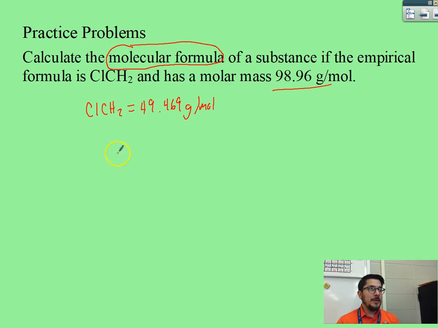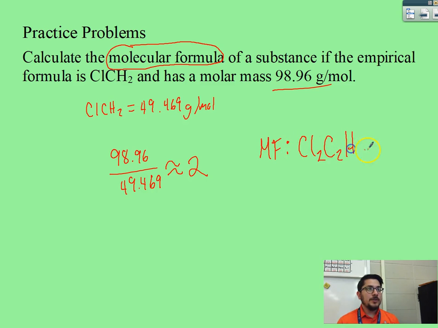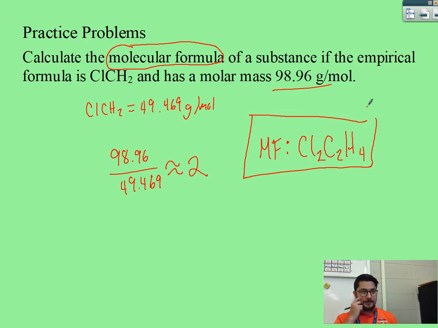Here's the big molar mass, so I'm going to put 98.96 divided by 49.469. That equals about 2. So the molecular formula is Cl2C2H4. And that would be the answer.